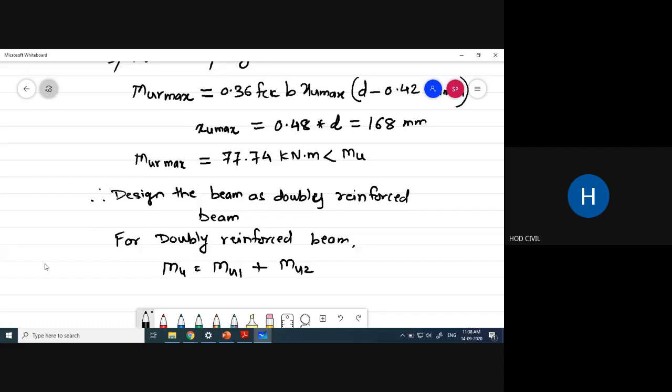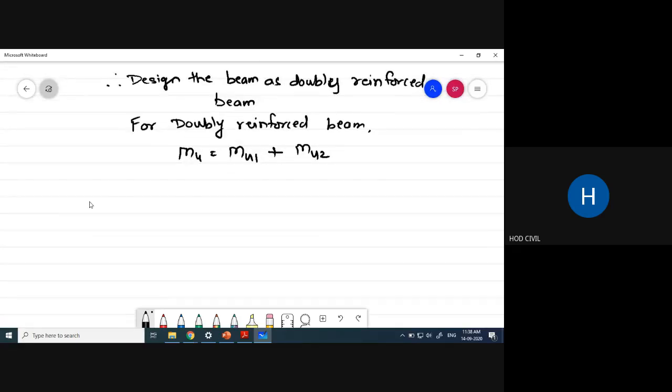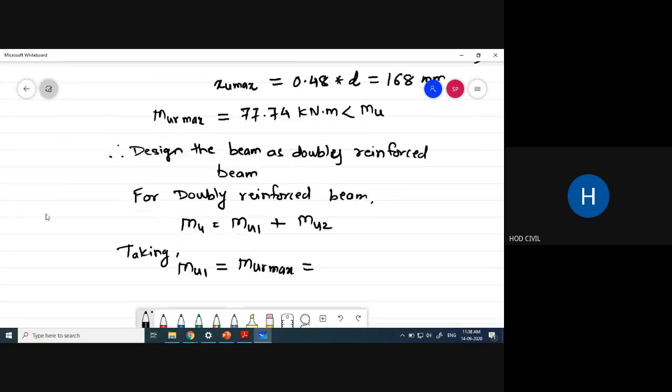So taking Mu1 equal to Mu R max, what is the value of Mu R max?